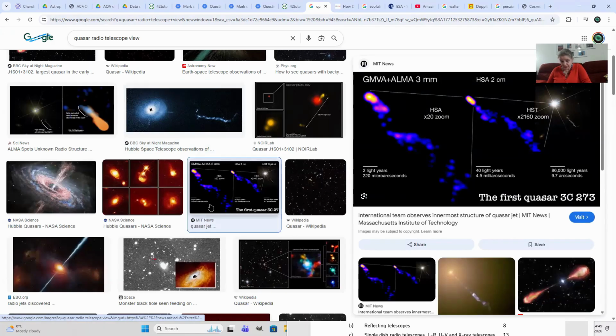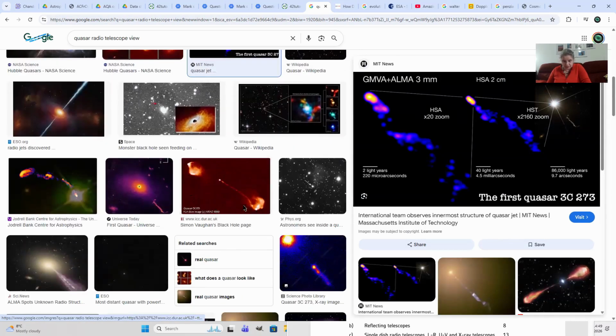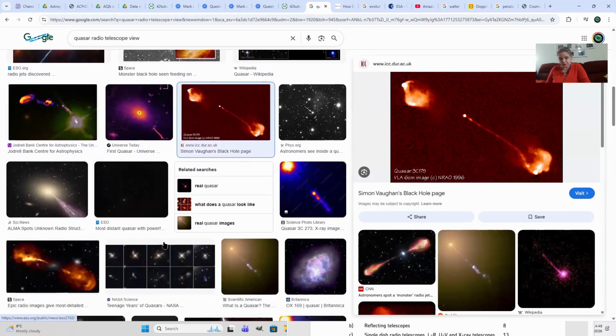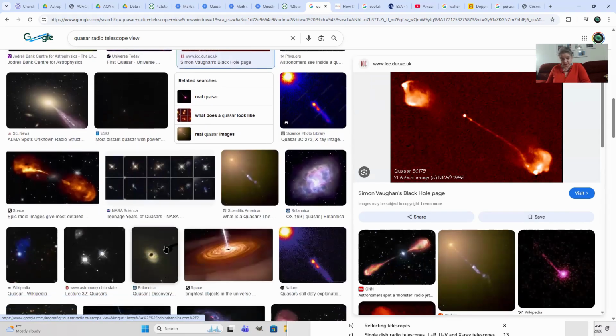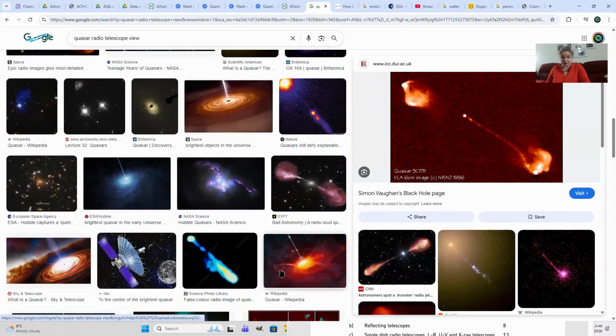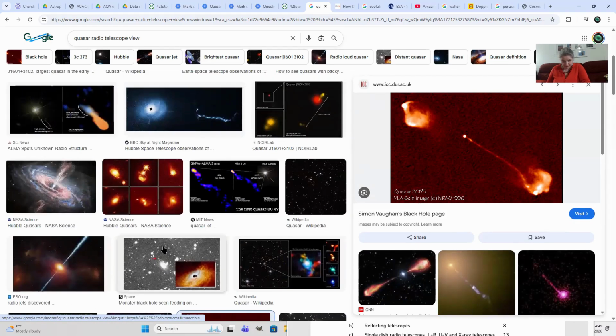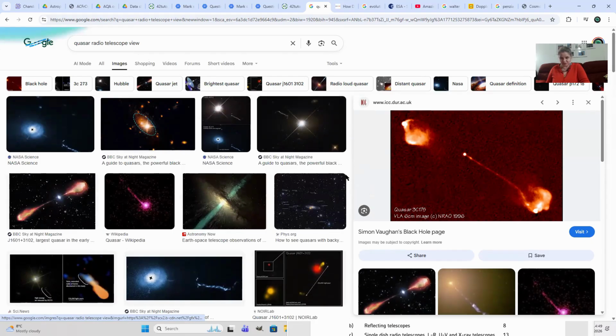That's the first quasar. There you go, that's a quasar. You can see the jet, and this is an emission from a black hole, and we think, I mean, it's fairly sure now that quasars are quasi-stellar objects.